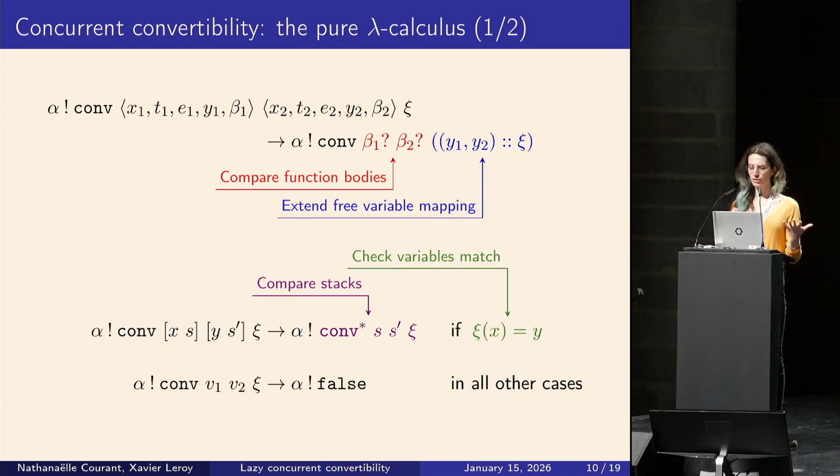If, on the other hand, we have free variables on both sides, we simply compare the stacks and check that both head variables match. And in all other cases, since we don't consider eta in this talk, they are not convertible, so we can immediately conclude with a result of false.